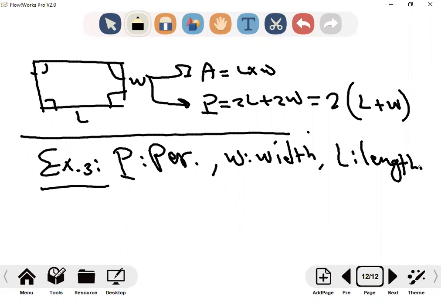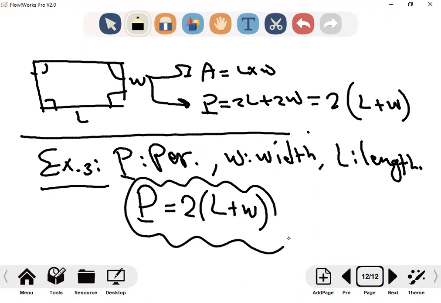Is means what? Equal. So P is twice the sum. Why did I write parentheses? Twice means to multiply the sum of what? Length and width, L plus W. Got it? This is what we want.